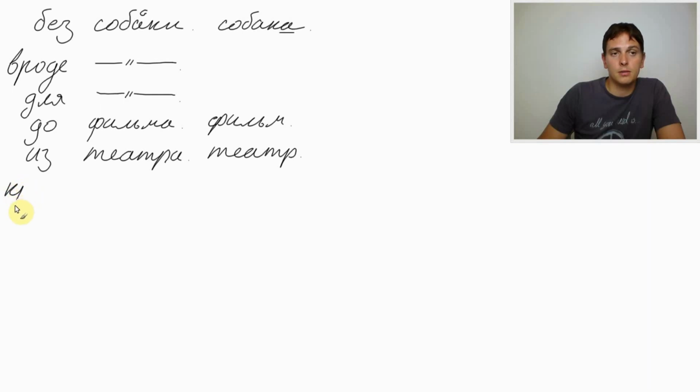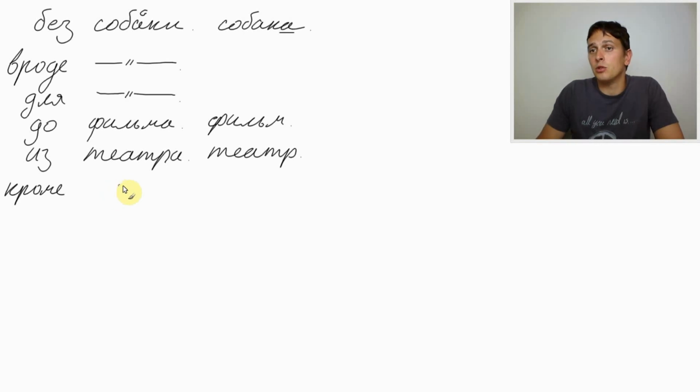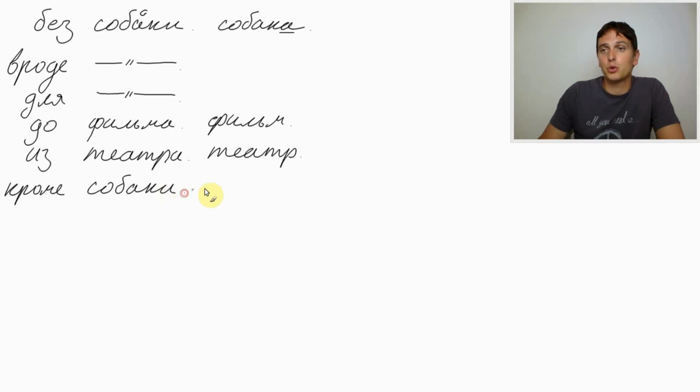Кроме. Кроме means except. Except something or except somebody. So when everybody went to the restaurant except for the dog. So все кроме собаки. Everybody except the dog. Кроме собаки. Because dogs are not allowed in the restaurant.